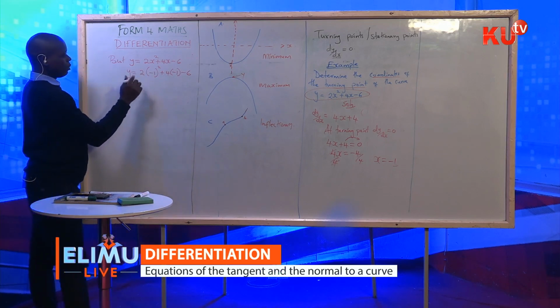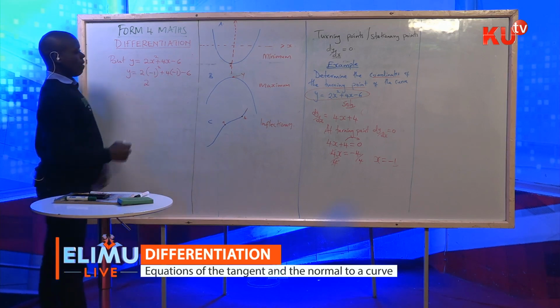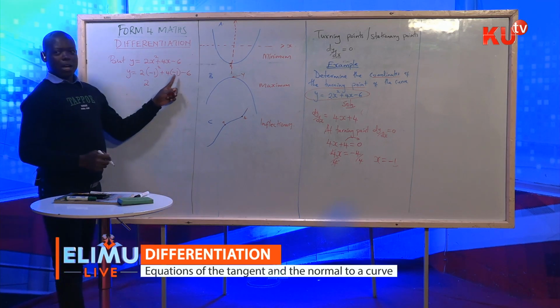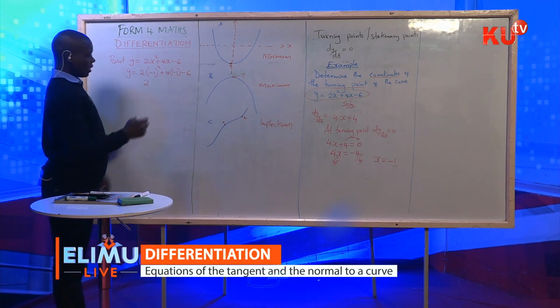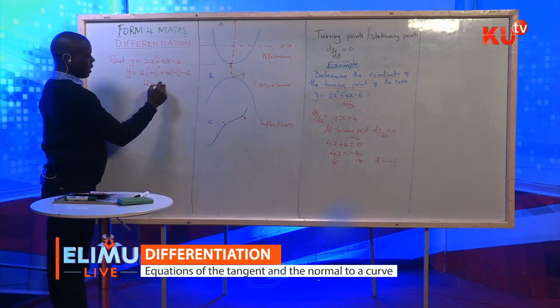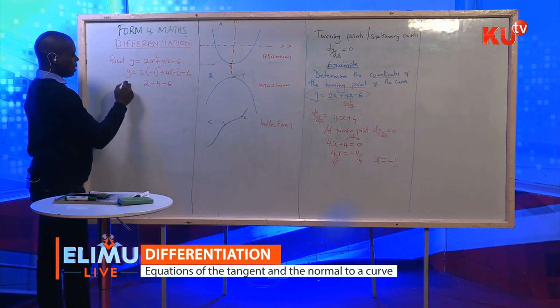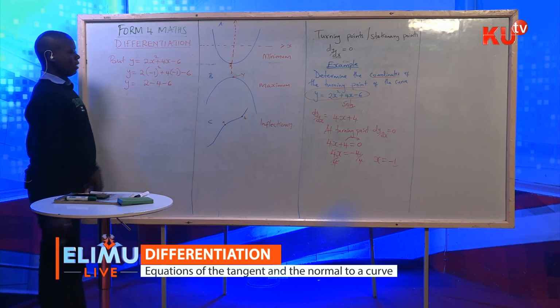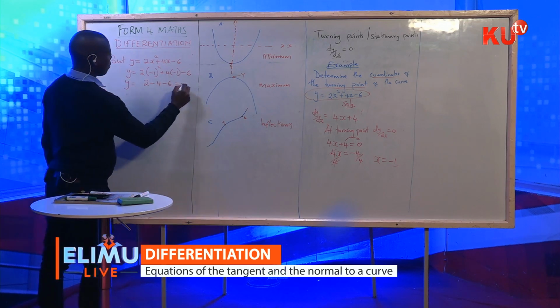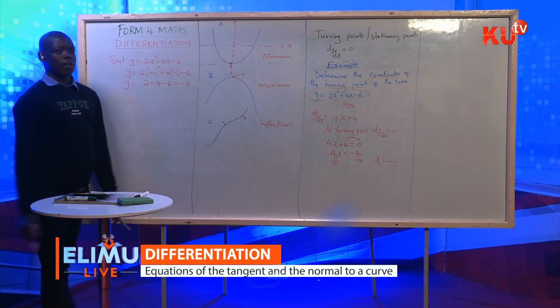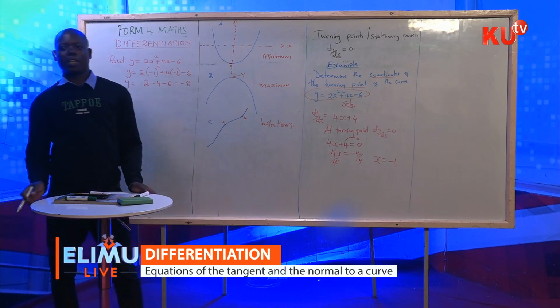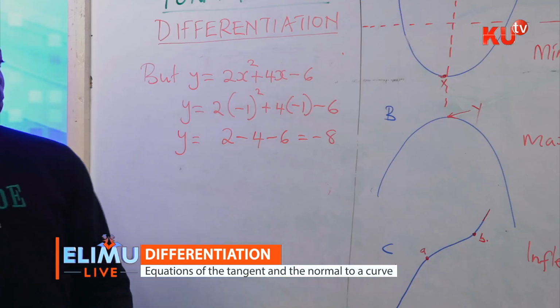It's 1 times 2, that is 2. 4 times -1, -4, less that is less 6. So it means that our y is defined by -8. Our value for y is -8.